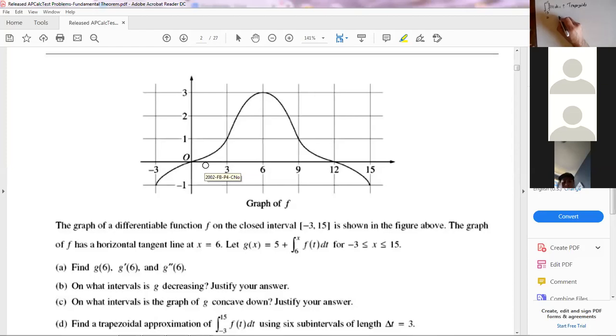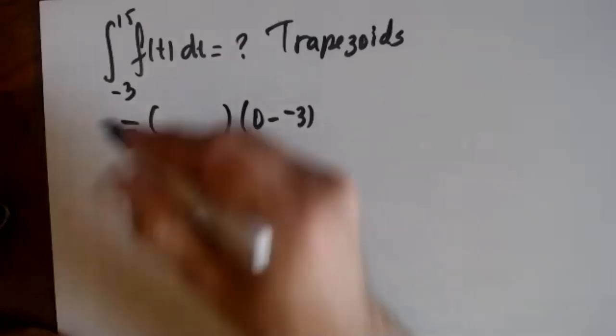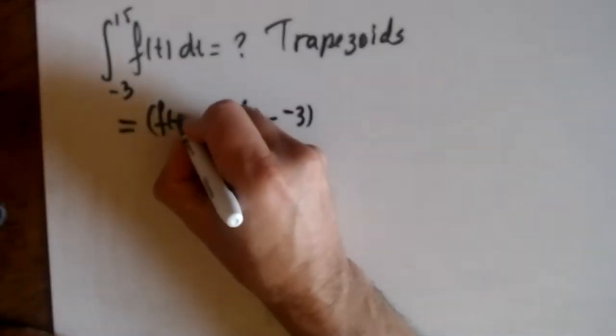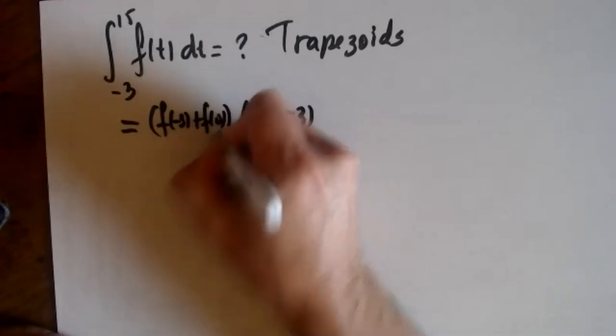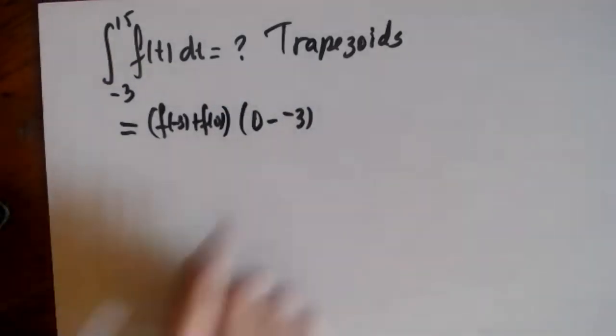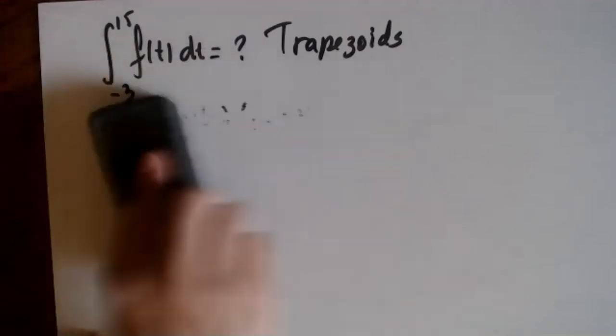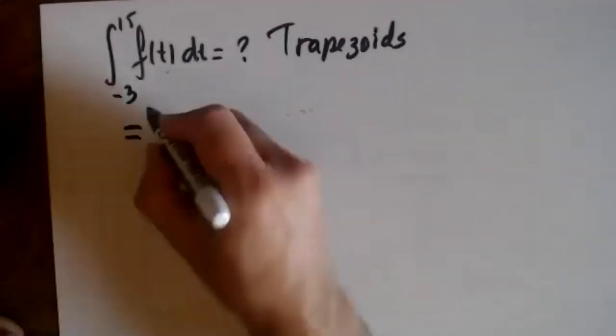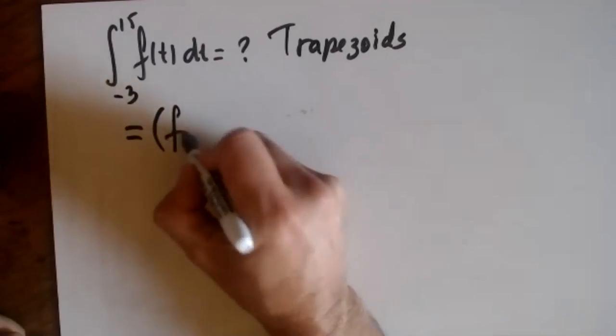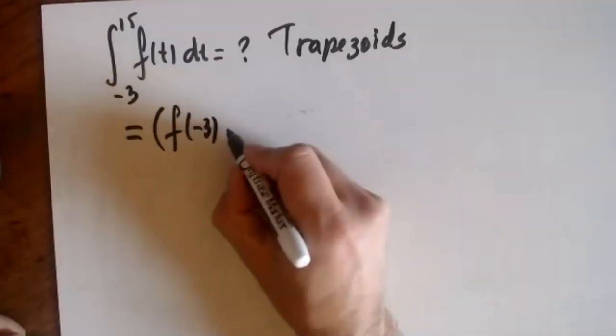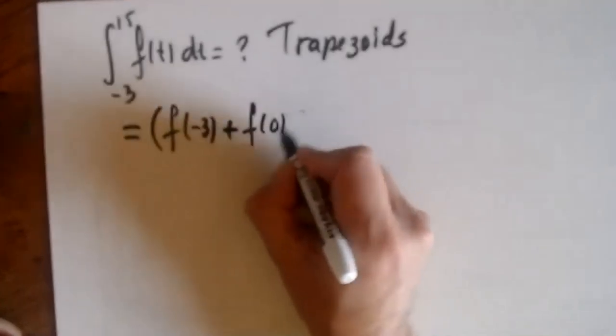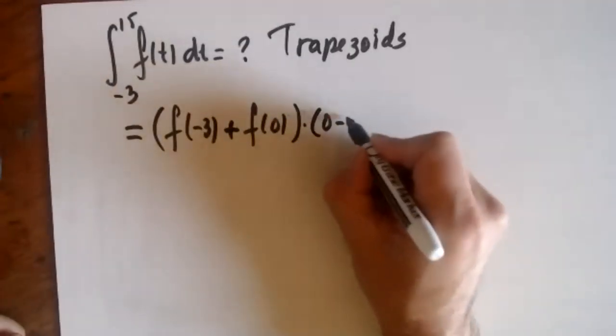So I'm going to have parentheses, f of negative 3 plus f of 0, times 0 minus negative 3. This is the first trapezoid.